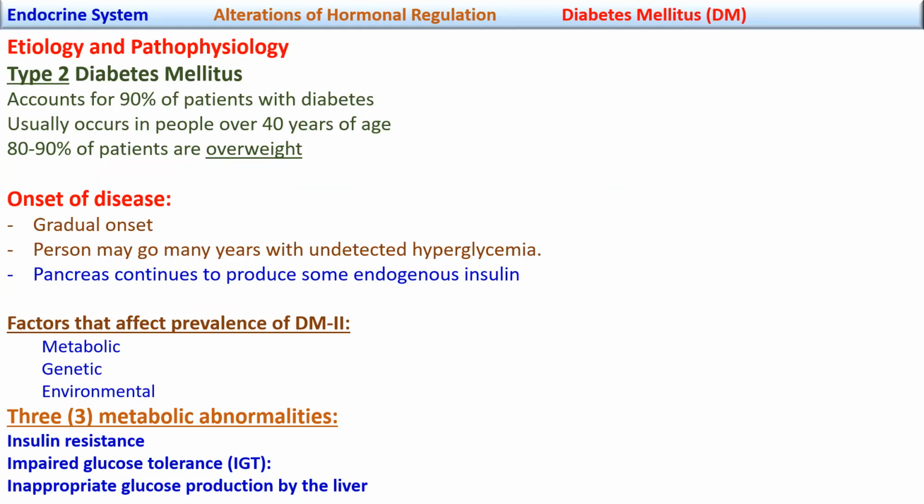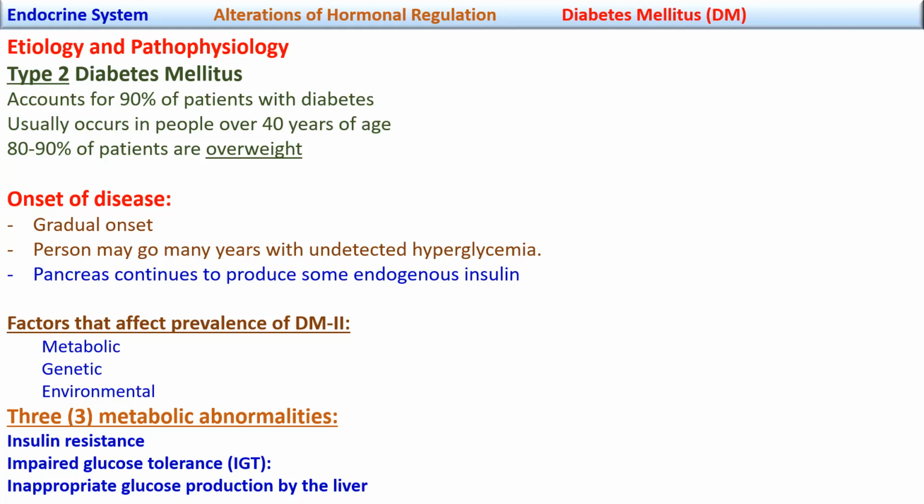IGT, impaired glucose tolerance, occurs when the alteration in beta cell function is mild. Blood glucose levels are higher than normal, but not high enough for a diagnosis of diabetes.